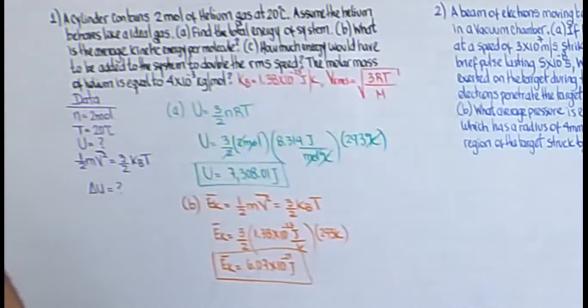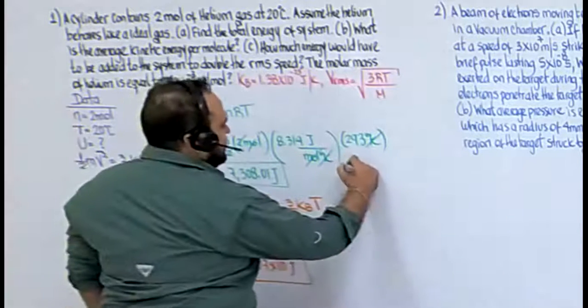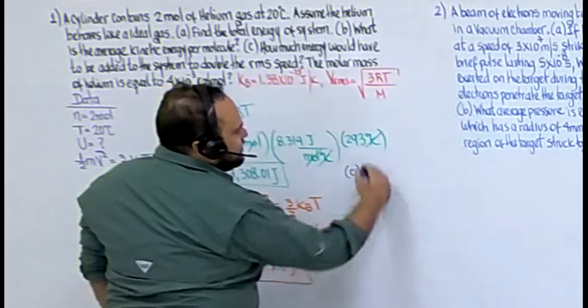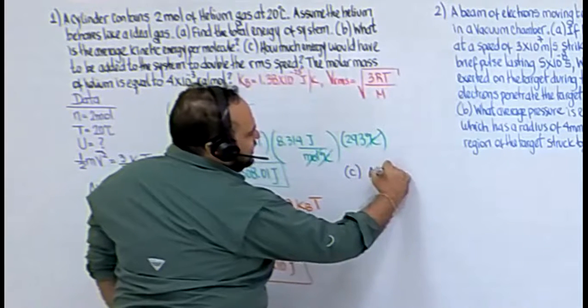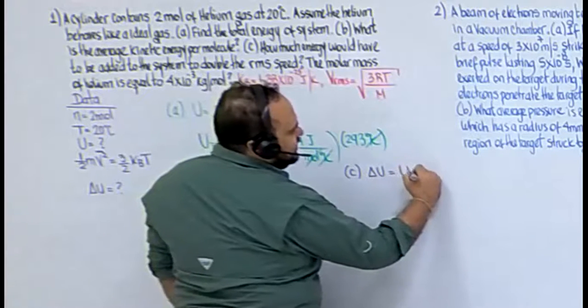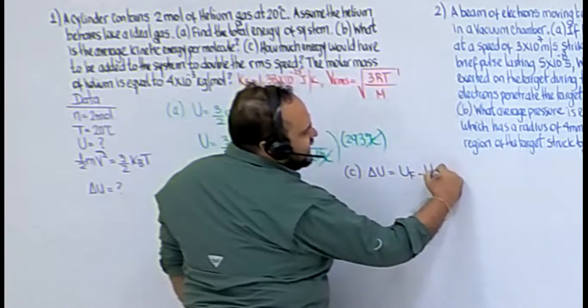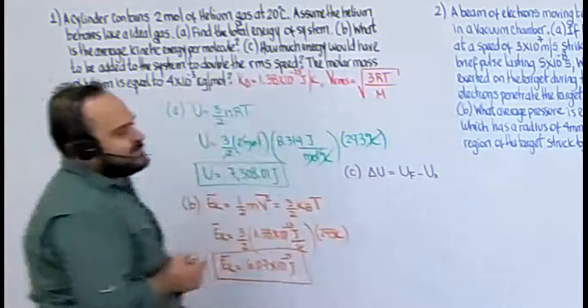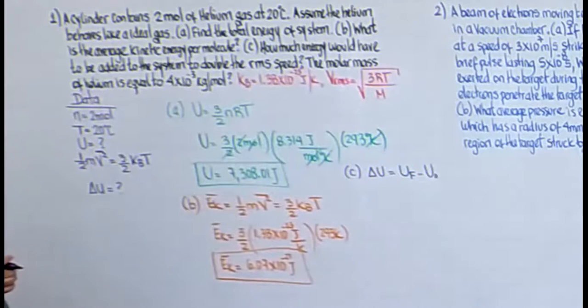But what is the serious thing in problem number 3, letter C? Remember, the change of internal energy will be given by the final internal energy subtracting the initial internal energy. This is a real question.